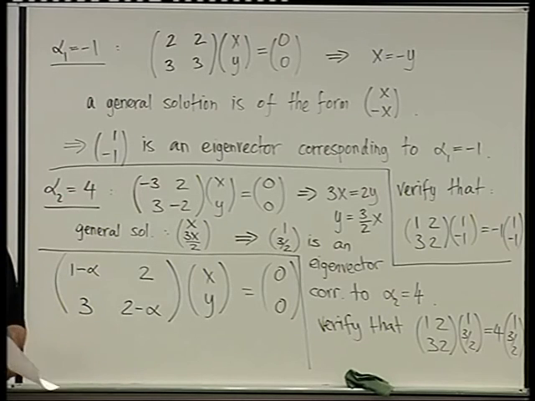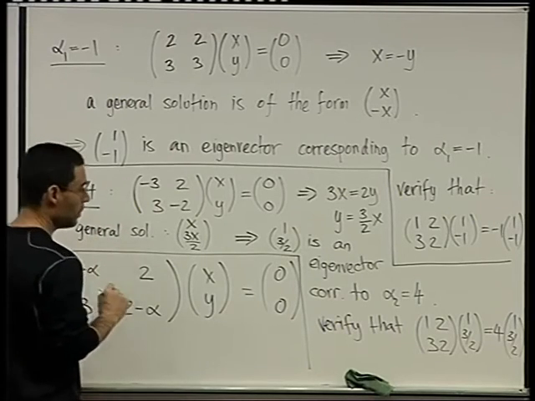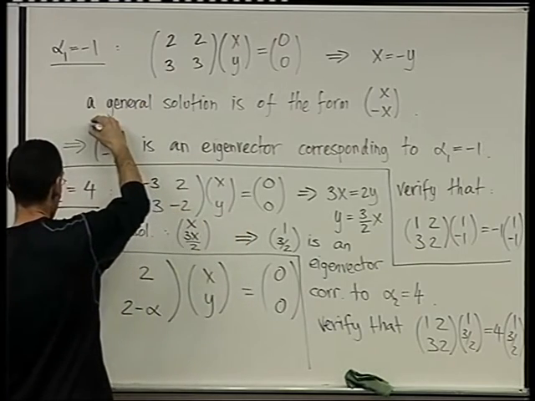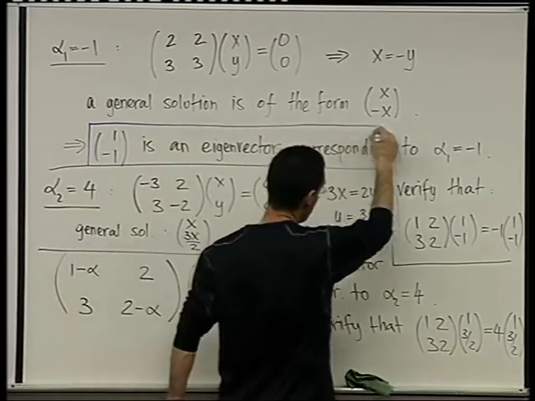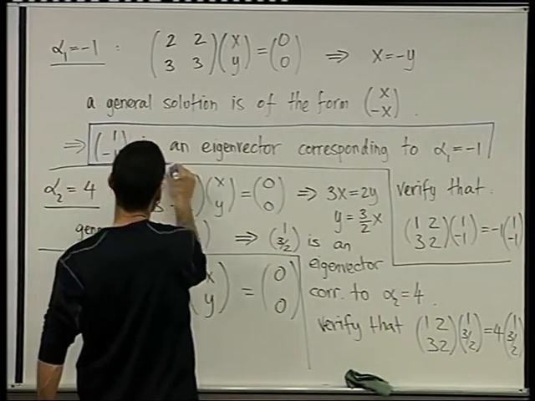Okay, so let's take a blue here. And recall what we have. Maybe we should highlight these two statements. Negative 1, 1 is an eigenvector corresponding to the eigenvalue alpha 1 equals 1.